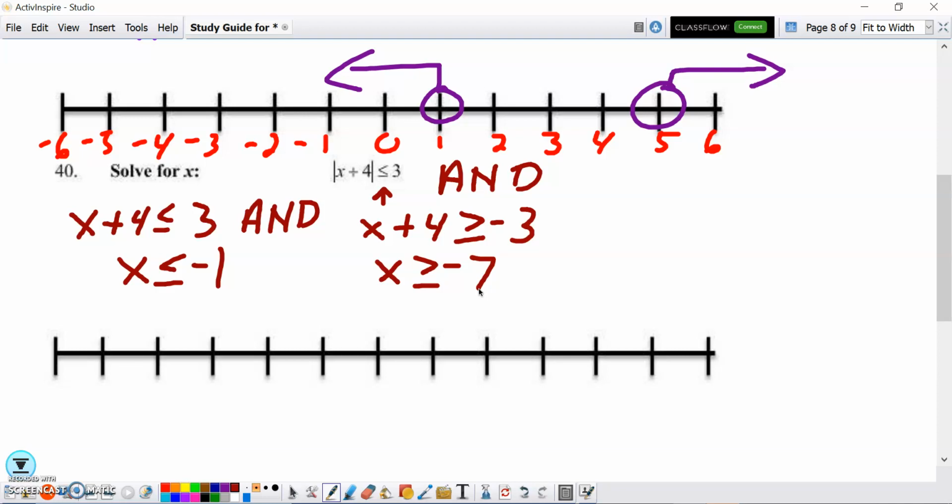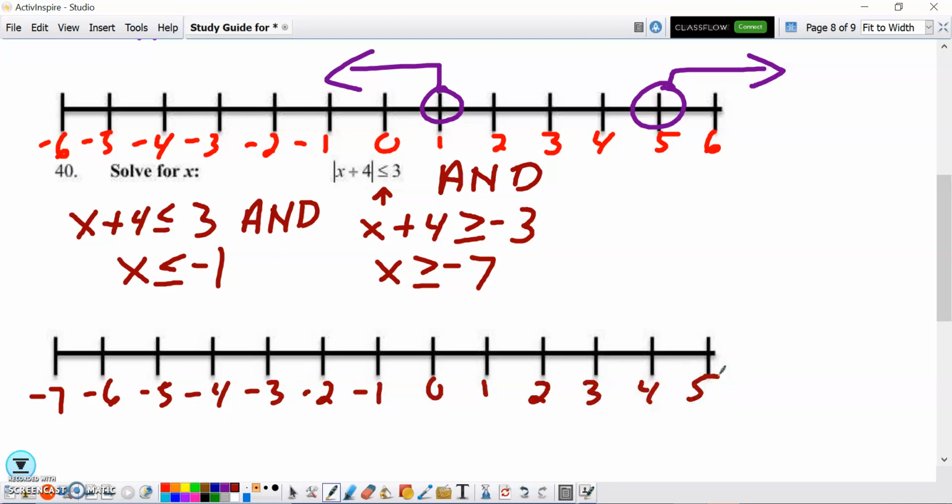All right, well, I've got a negative 7 here, so I better start down here. All right, we've got an open dot, nope, solid dots. We've got a solid dot on the negative 7.